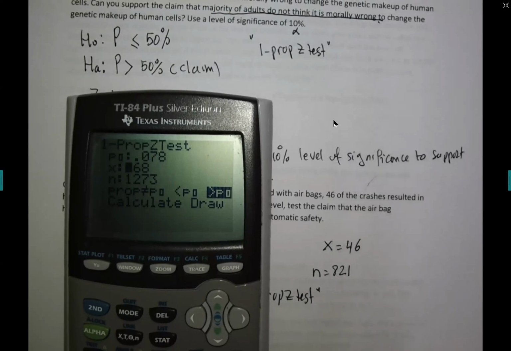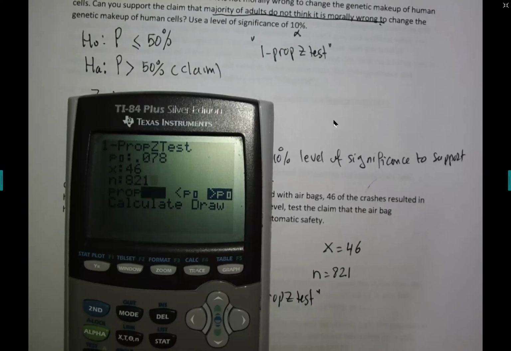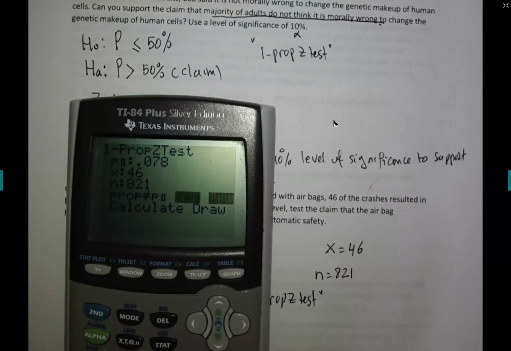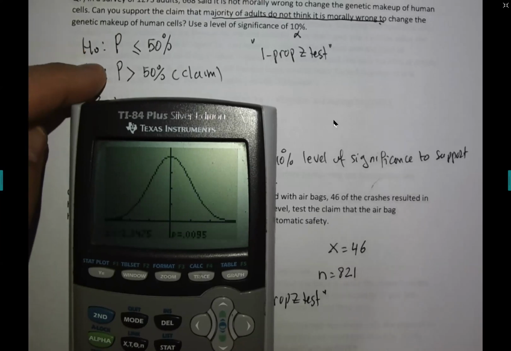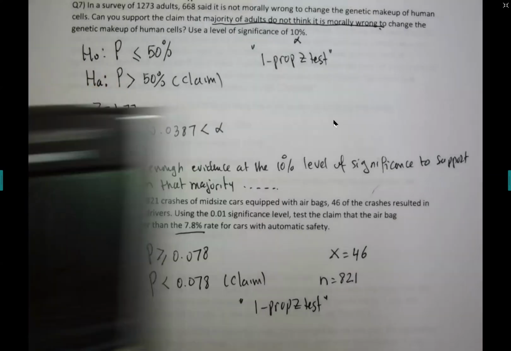X is 46, I'm sorry. N is 821, and we need to check it's less than. Let me do a draw. All right. Z is negative 2.35, and the p-value is 0.0095.